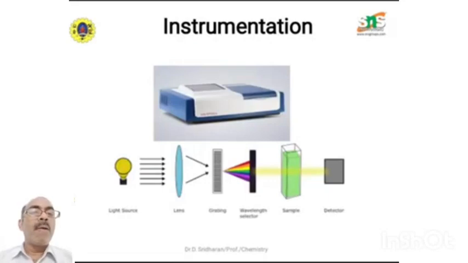This is the modern instrument of UV visible spectroscopy, and it also represents the schematic diagram of the UV visible spectroscopy: the light source, passing through the lens, and then a sample, then the detector. So these are the steps we should follow for analysis of inorganic and organic chemicals.